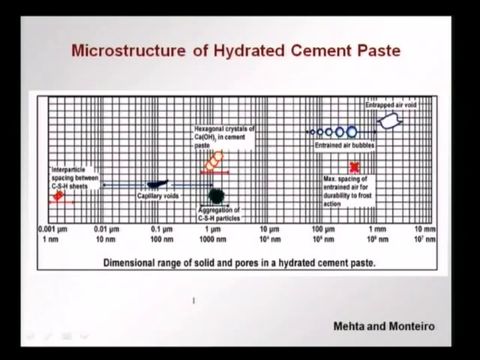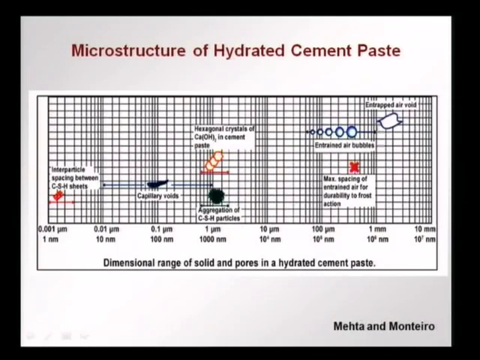In the micron scale, we have the hexagonal crystals of calcium hydroxide. In cement paste, we have the lumps or aggregations of calcium silicate hydrate that we saw in the pictures that I showed you. So, this basically makes up the structure of the hydrated cement paste.